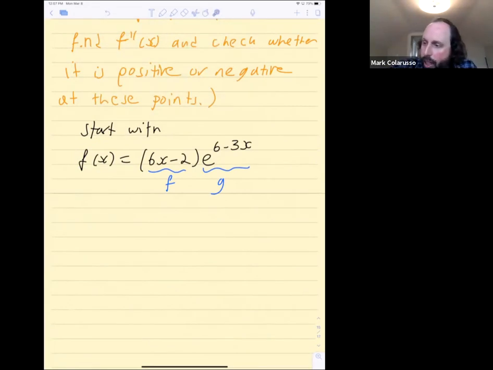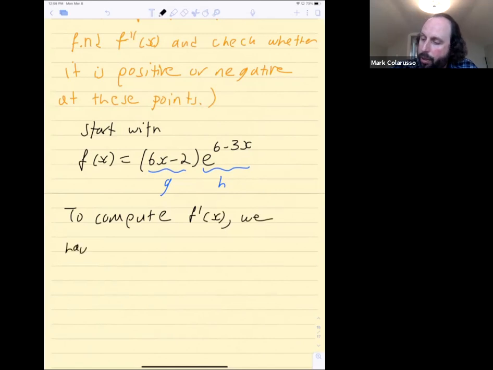And then the derivative of g is going to involve this new rule I was telling you about, where the derivative of an exponential of a function is a chain rule application, but a relatively easy one. Oh, sorry, I shouldn't have used the letter f because it's already used here; maybe better to have called it G, the product of G and H. Okay, so to compute f prime of x, we have to first apply the product rule.